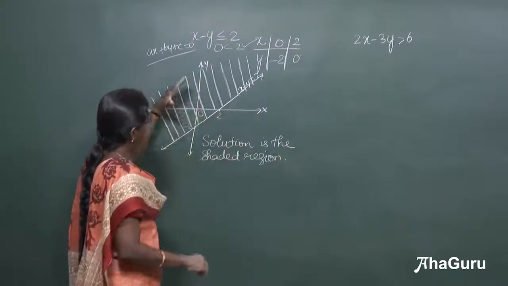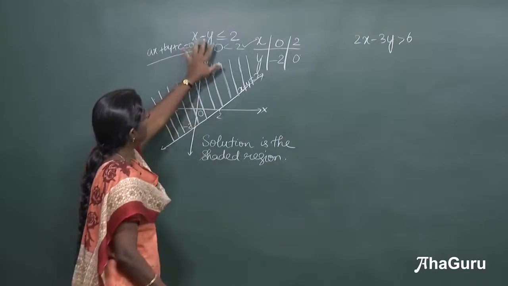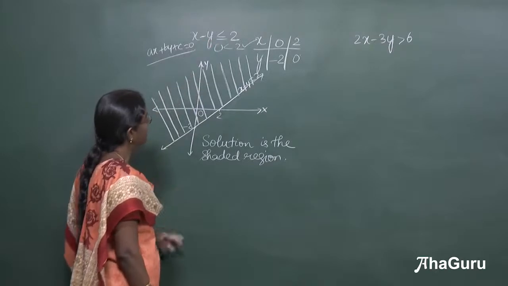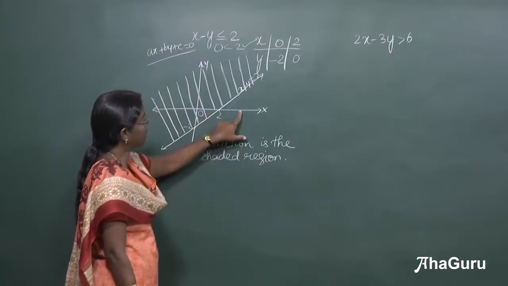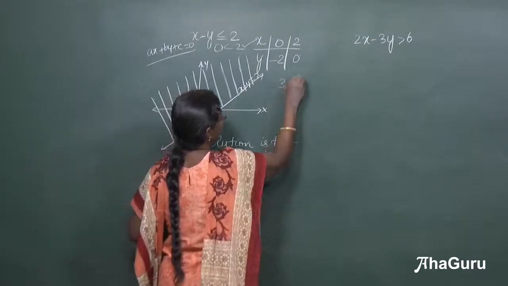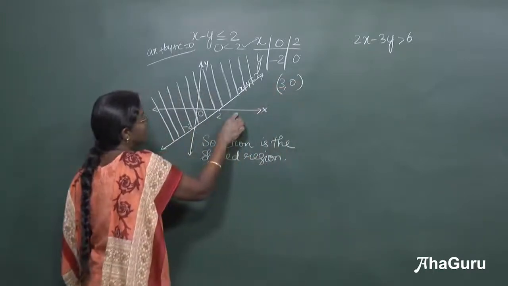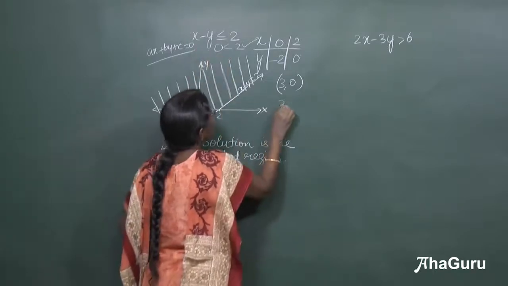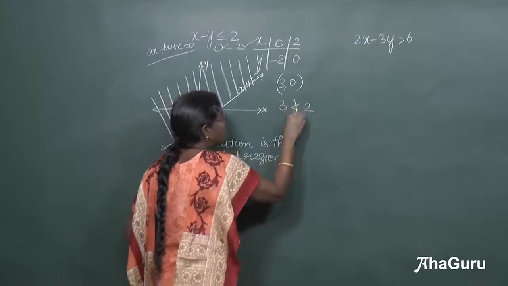Draw the line, find out which side of the line satisfies the inequality. For that, just substitute any one point on that side, or you can even do the other thing. Listen, the point 3 comma 0, for example, lies on this side. If I substitute the point 3 comma 0, what do I get? 3 is less than 2, which is false.